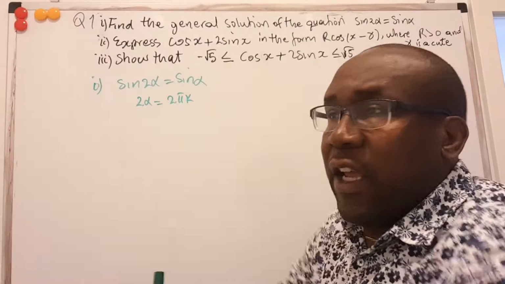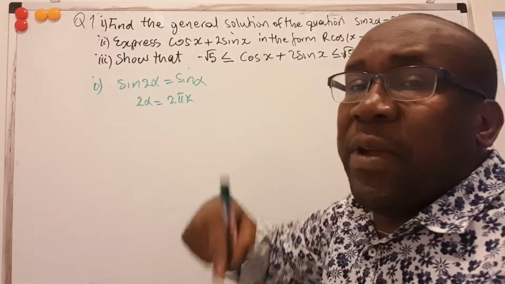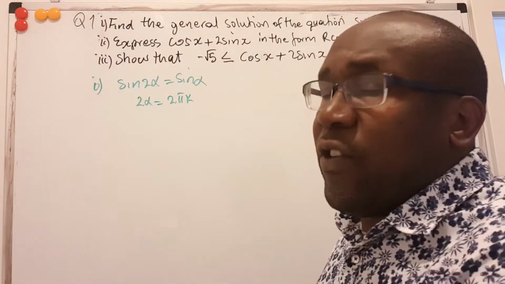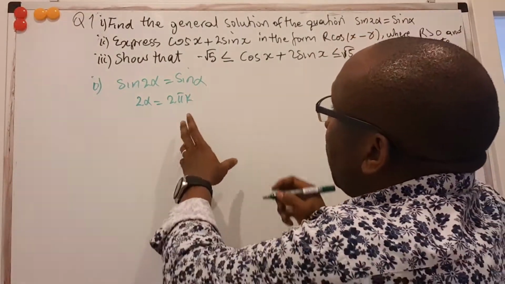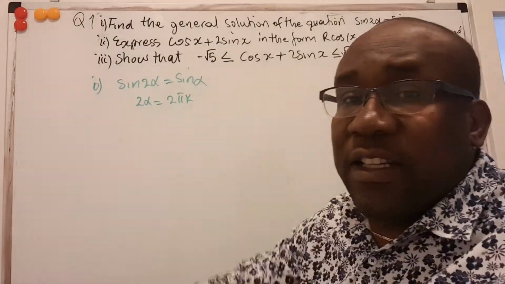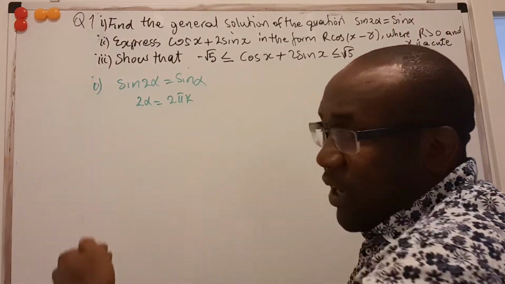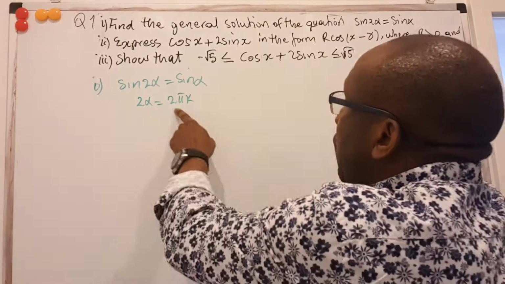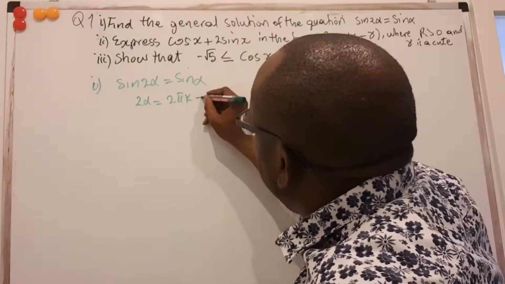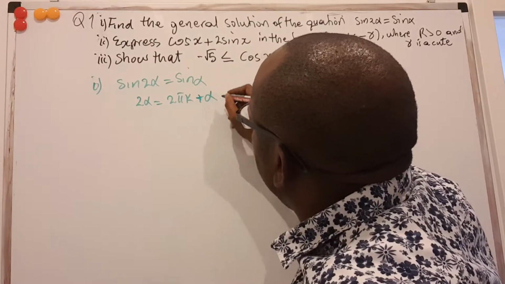If you keep on drawing sine, it repeats after 2 pi. So if you have a general angle that keeps on behaving this way, then it will always have a jump, a space of 2 pi k, and then plus our angle, the alpha.